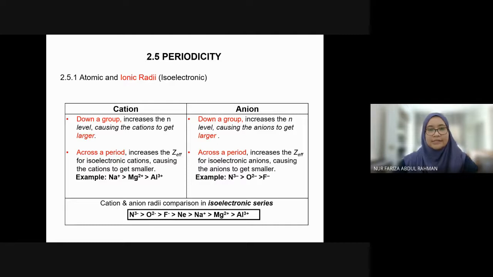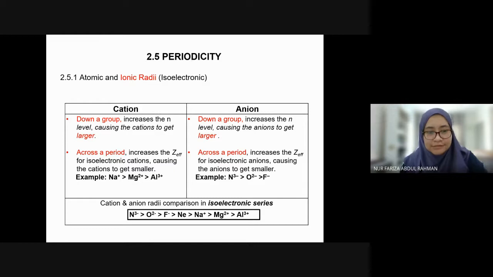Alright, so using the same understanding that we have for cation and anion earlier, we apply it to isoelectronic species. Even though they have the same electron number, in terms of size, they differ.